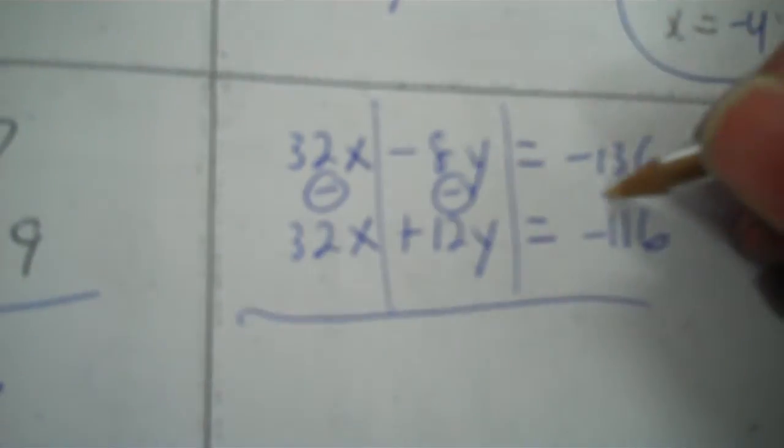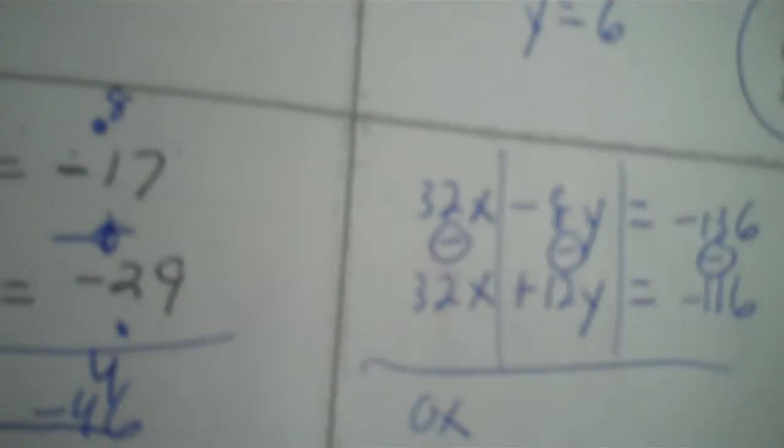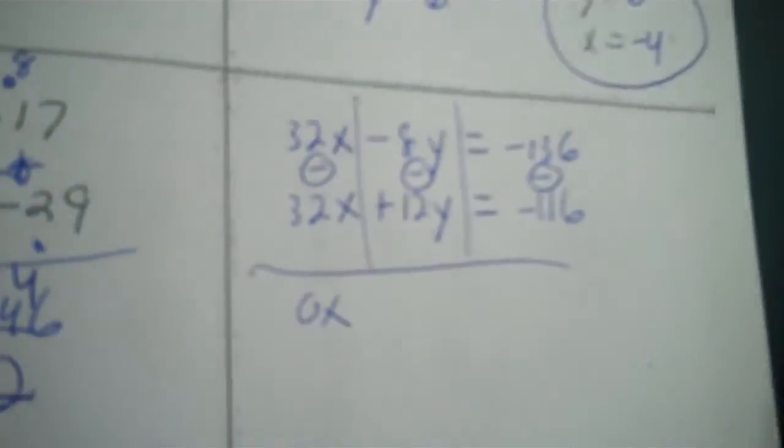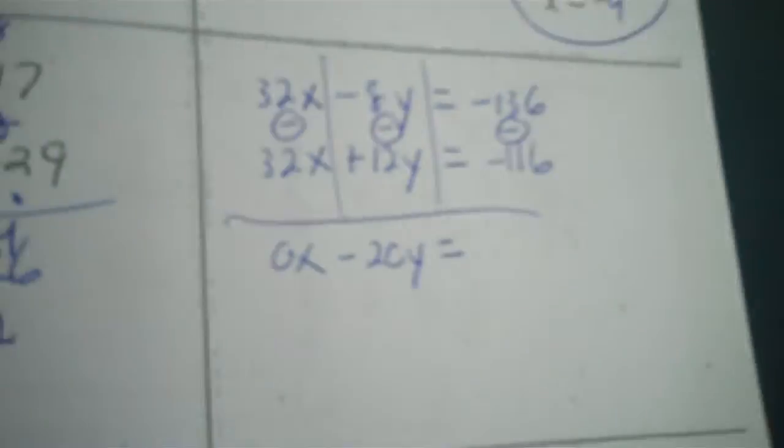Okay. Now go right to minus. You're not going to add. You're going to go right to minus. 32 minus 32 is 0x. So that's good. Negative 8 minus 12 is negative 20y. Then negative 136 minus negative 116 is negative 20.